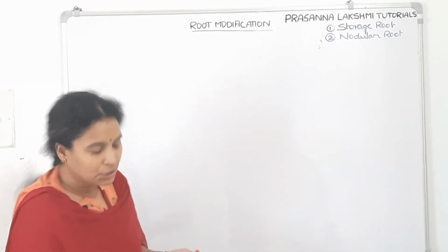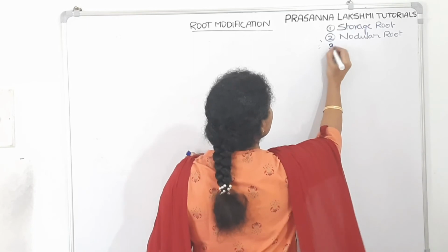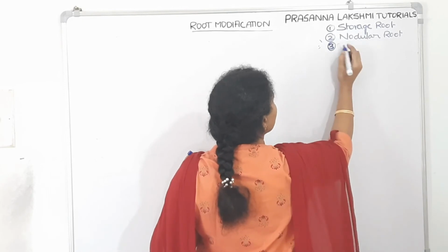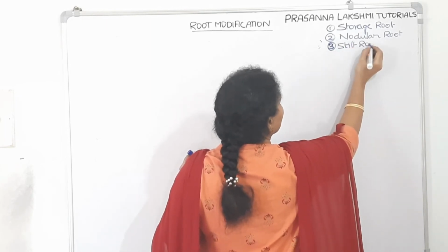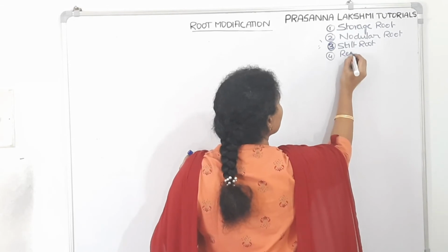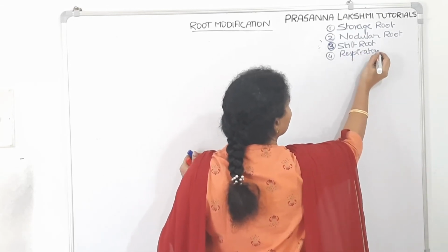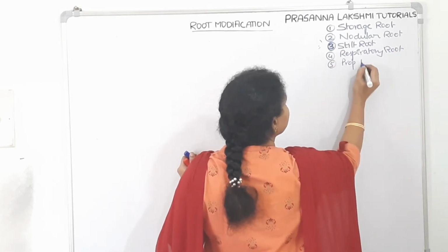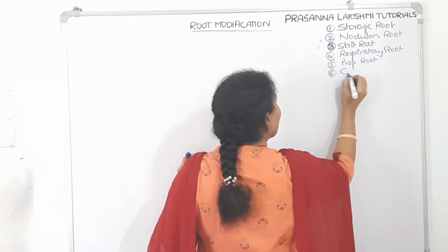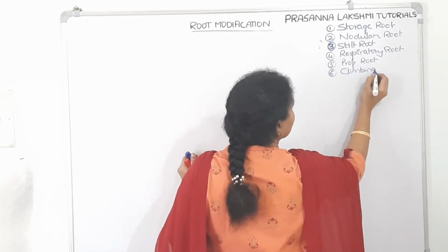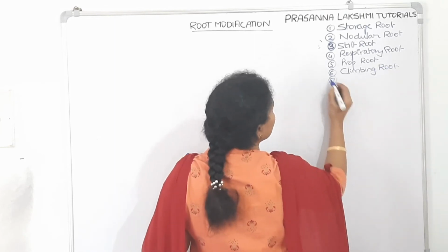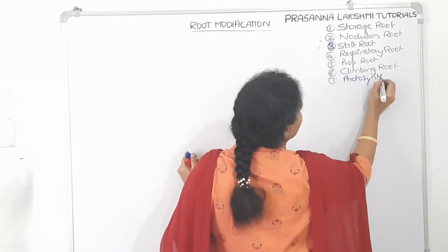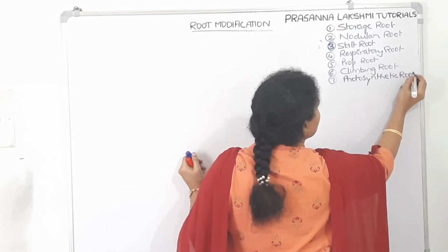So, what are the examples we have seen so far? Storage roots, nodular roots, then stilt roots or brace roots, respiratory roots, pillar roots or prop roots, then climbing roots, and after climbing roots we discussed photosynthetic roots.